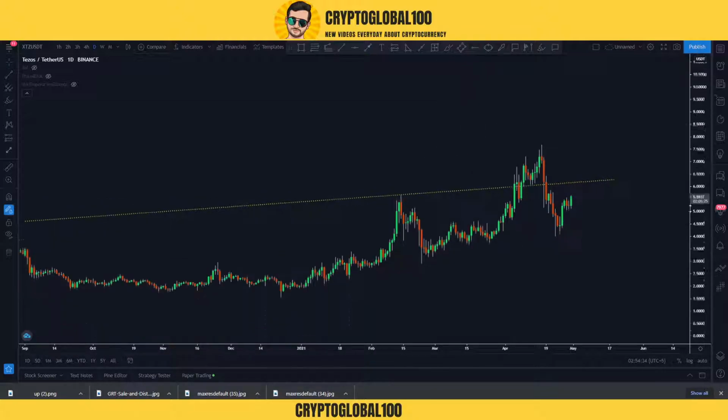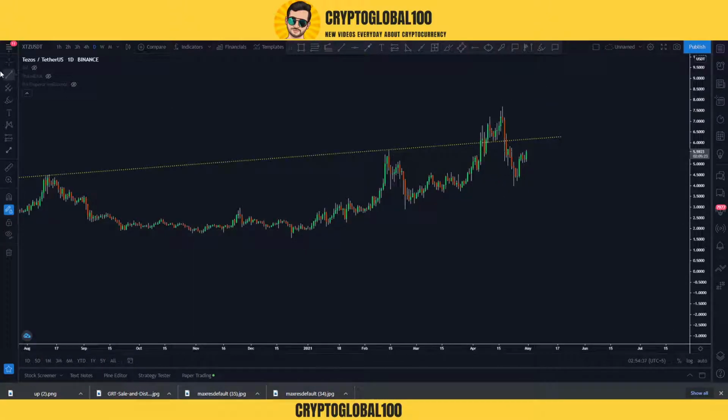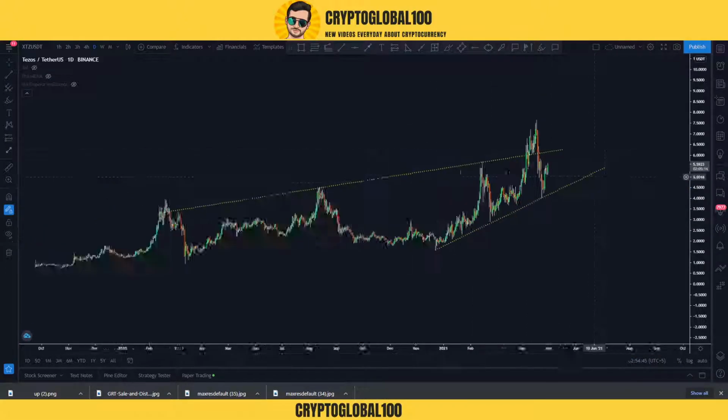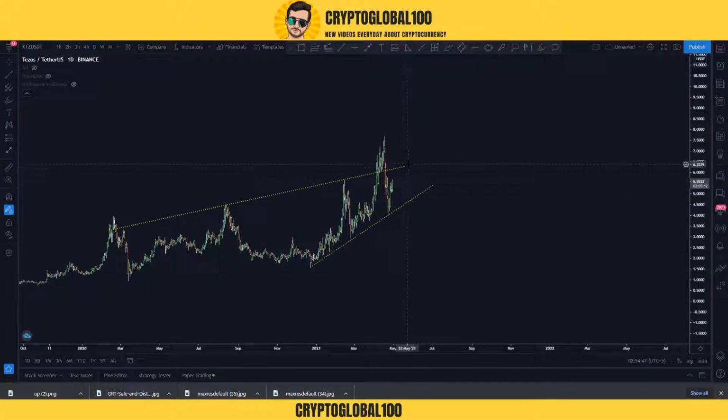Now let us draw another. If I draw this one as well, you see how perfectly it fits. Let me zoom out a bit, and if we extend this line to, let's say here, and see where it crosses this line, this would be a good zone.